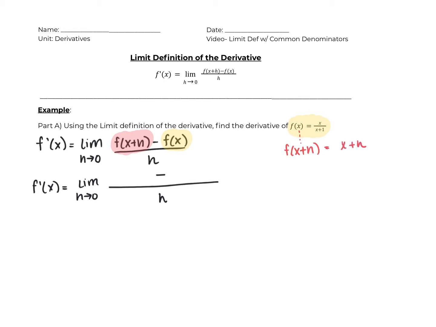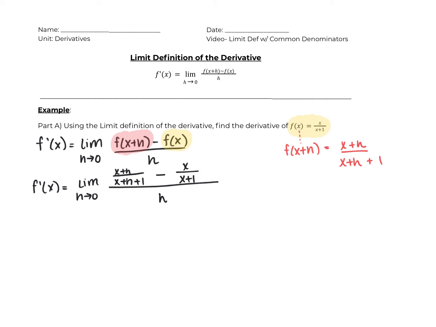So x plus h here, and then x plus h there, then don't forget the plus 1. If I put that in my formula, I have x plus h over x plus h plus 1. And now I have minus f of x, which is my original, so x over x plus 1.